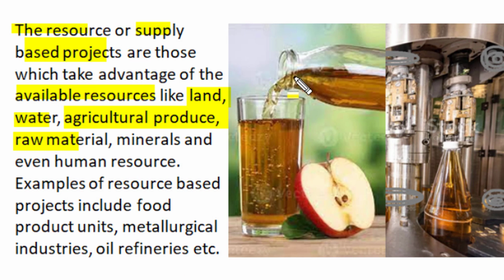Now, examples of resource based or supply based projects may be food processing unit, metallurgical industries, ceramic plants, chemical industries, oil refineries, as illustrated here in this diagram, where apples are produced in huge quantity in that vicinity. Food processing units can extract apple juice in preserved bottling systems, and that can be served to faraway positions by proper transportation and marketing management.